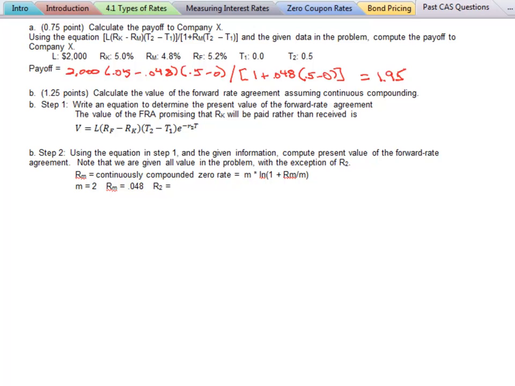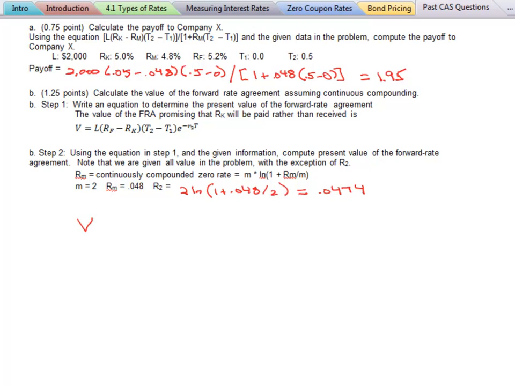In this situation, m is 2, R sub m is equal to 0.048, and so R sub 2 is equal to 2 times the ln of 1 plus 0.048 divided by 2, which is equal to 0.0474.